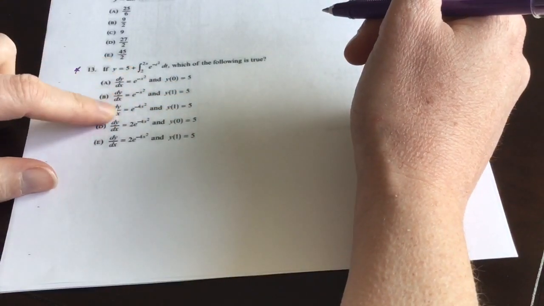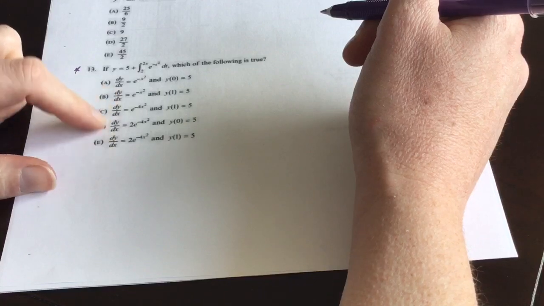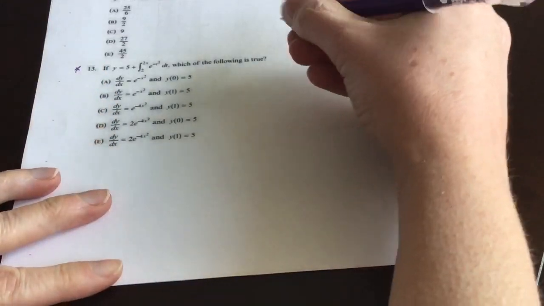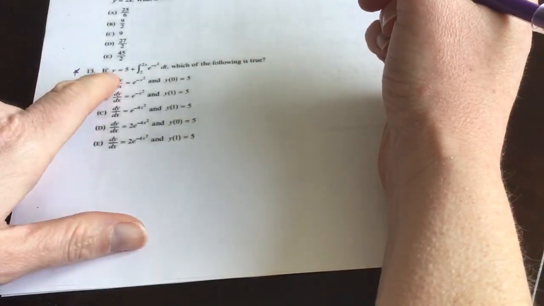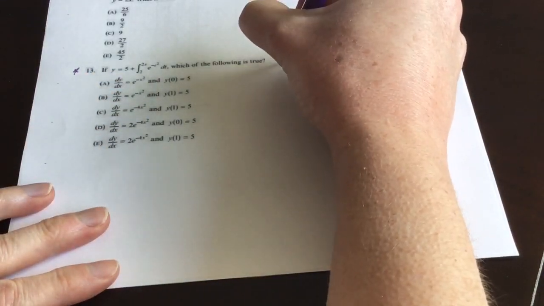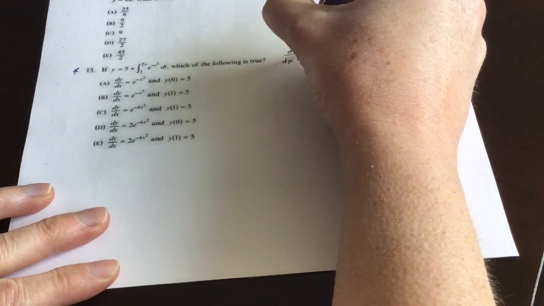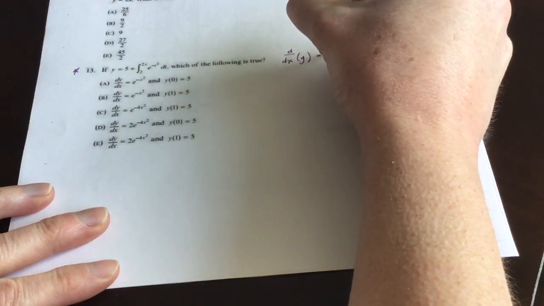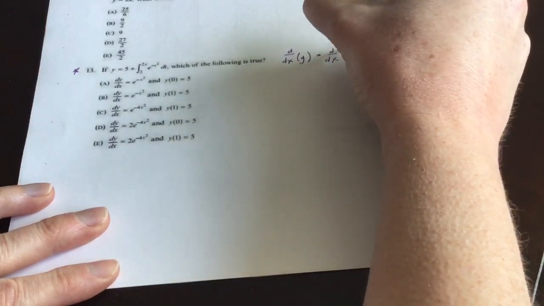So the first thing I'm going to do is figure out which of these options I like based on what dy/dx is. To that end, I'm going to take d/dx of both sides of the expression. Here's d/dx of the left side, and here's d/dx of the right side.